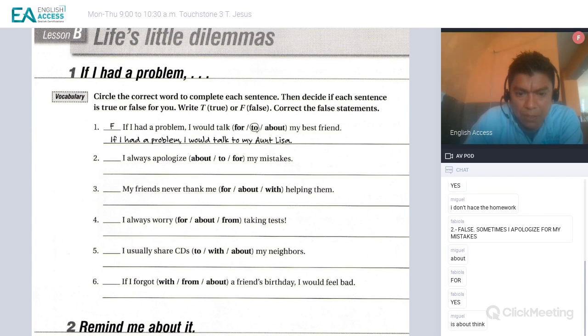I'm gonna underline this one. Let's change the color. That's a little crooked. Okay, it's a little better. So I always apologize about my mistakes.